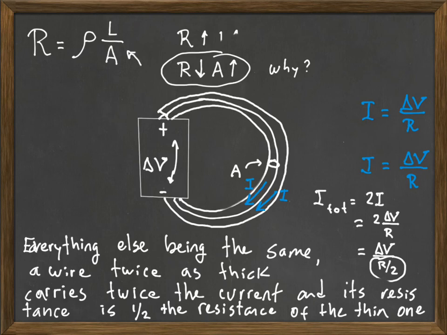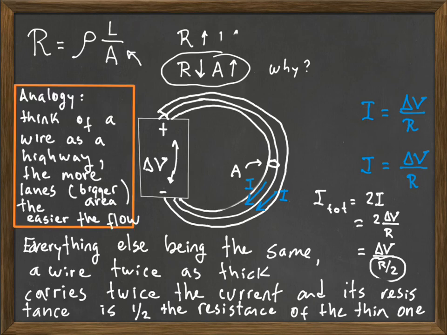Perhaps a useful analogy to understand this is the following. Think of a wire as a highway. So a highway has multiple lanes, and we know that the more lanes that we have in this highway, the easier the traffic flow is going to be. So the analogy here is between the wire and the highway.